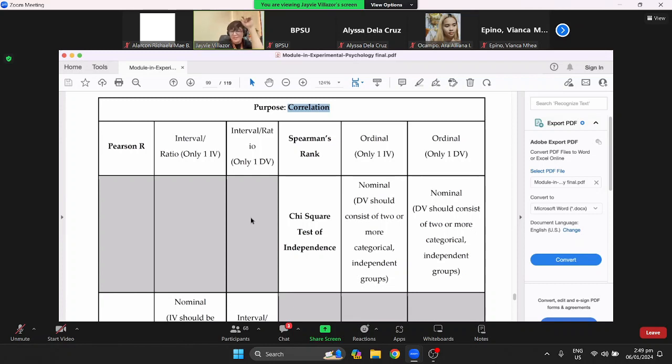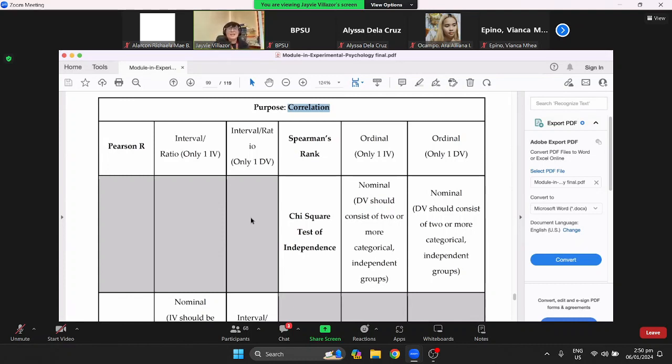So, wag kayong magkakamali dun. Again, if your purpose is correlating two variables, and the data set are not normally distributed, and the scale of measurement is ordinal, then Spearman rank po ang gagamitin nyo. Okay? Ayan.